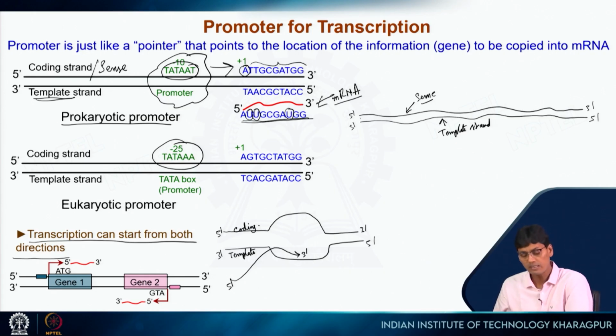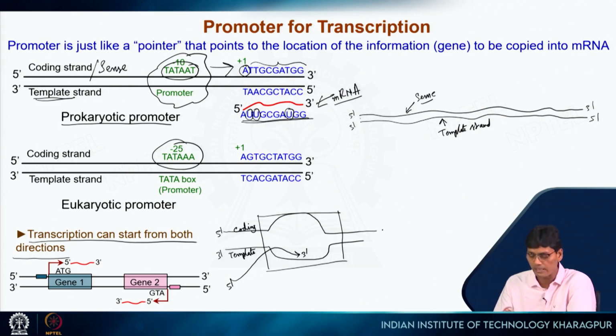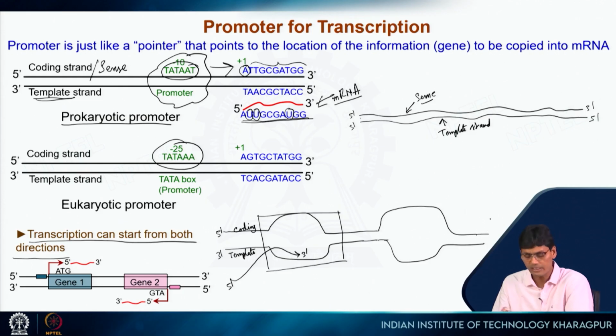But maybe this is true for this gene, this portion of the DNA, while for the next gene it will be completely different. Maybe for the next gene, transcription can happen in this way also.